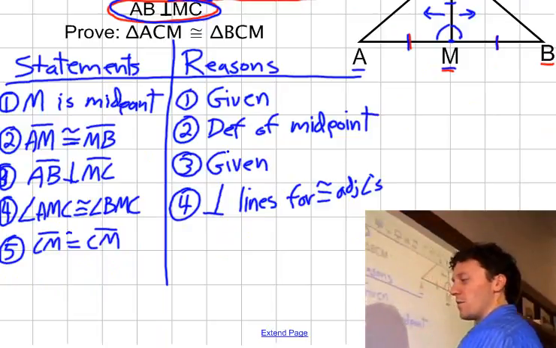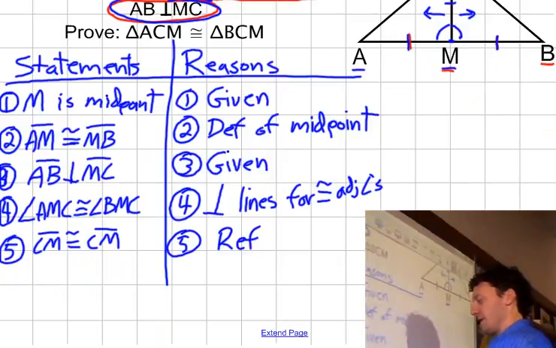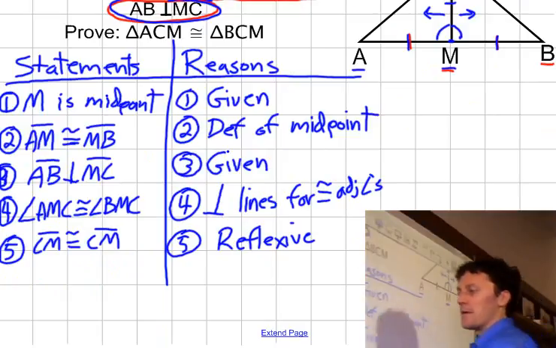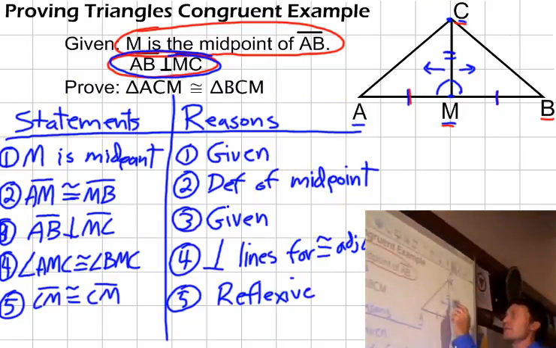And why would something be congruent to something else? Just like looking in the mirror. It's the reflexive property. Okay, so we've got it. We've got our side, we've got our angle, and we've got our side.